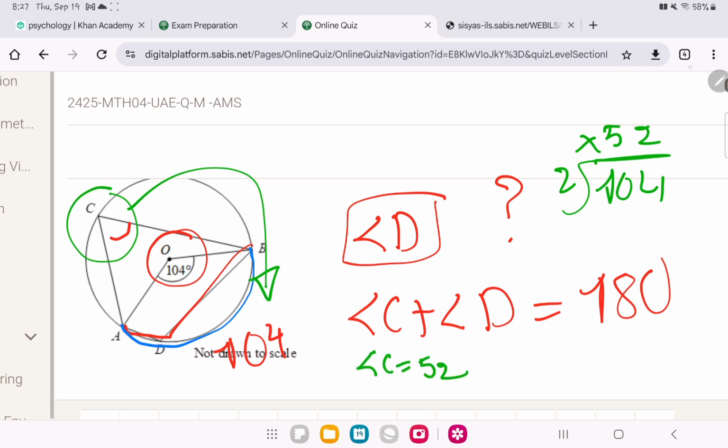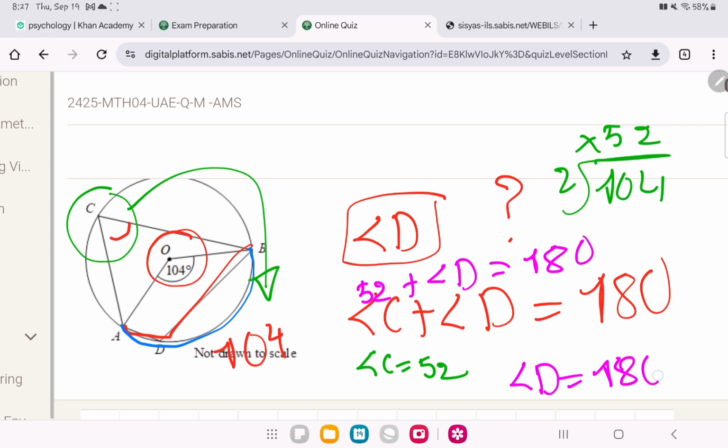Substitute. 52 plus angle D is equal to 180. Angle D is equal to 180 minus 52. So 180 minus 52.